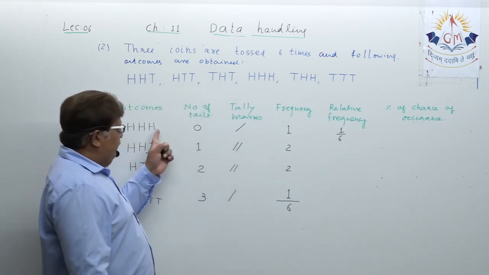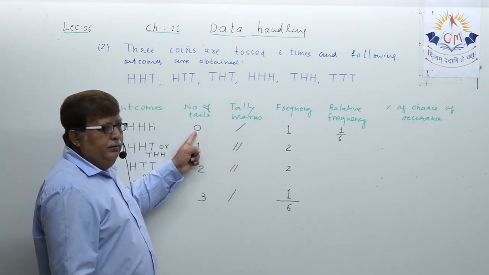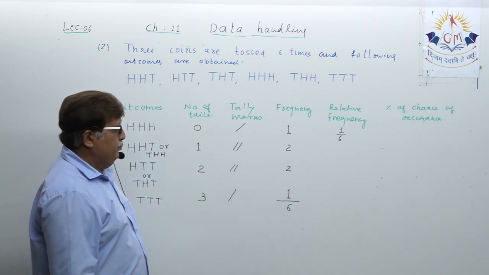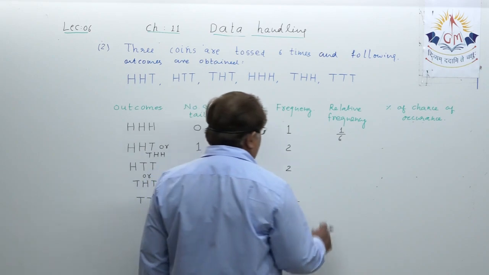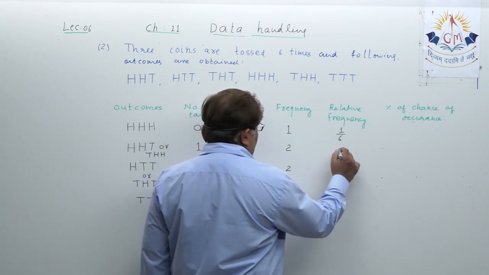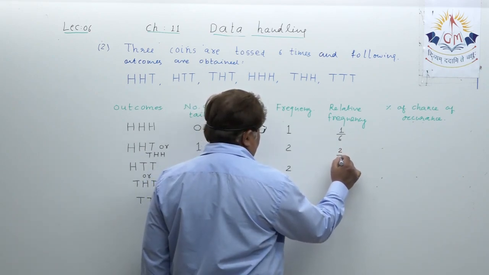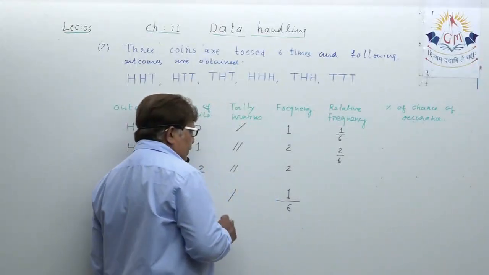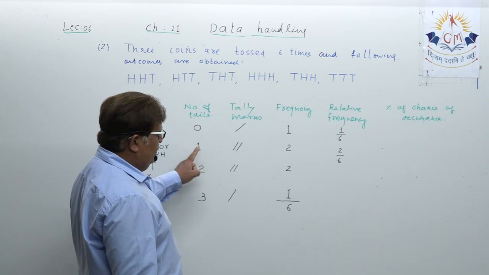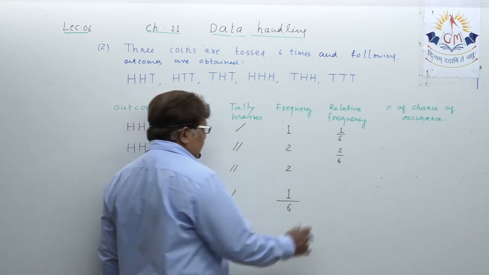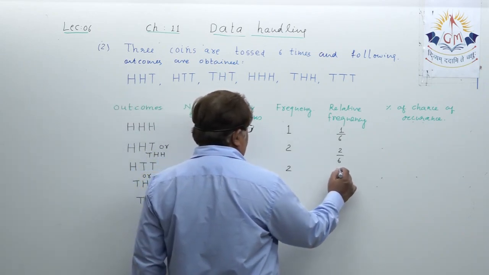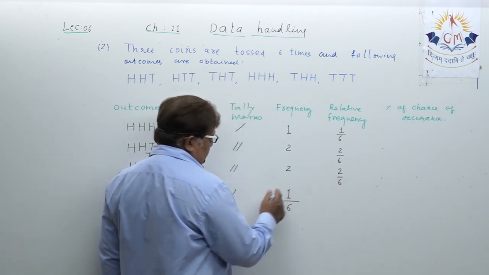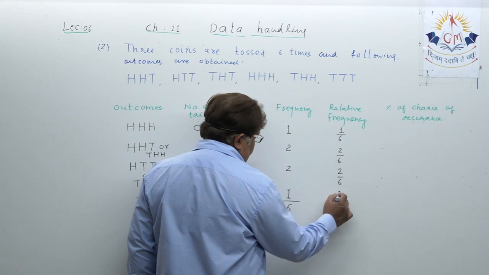This is the relative frequency for getting 0 tails. Then 2 upon 6, relative frequency for getting one tail. Then again 2 upon 6. And then again 1.